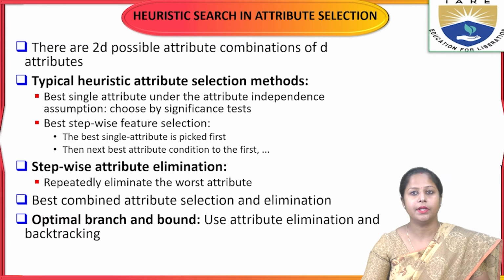Another method for attribute selection is heuristic search.